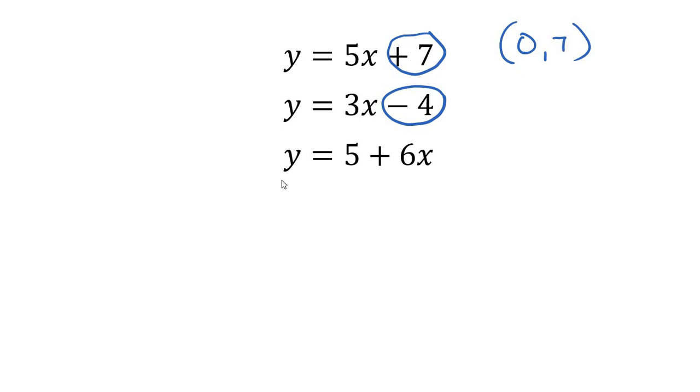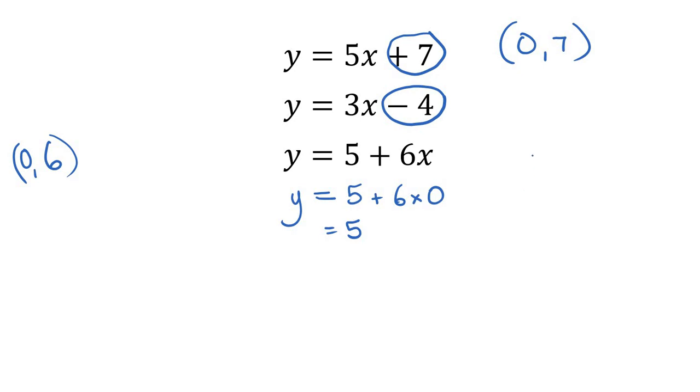I'm going to look at another equation. This is another one that sometimes we see errors with, where people see this and say, oh, the y-intercept is at 6, so it's going to be 0, 6, because they see that 6 is the second number here. But not quite like that. We need to look at how these numbers work. I'm going to prove it by substituting x equals 0. So I have y equals 5 plus 6 times 0, which gives us 5.